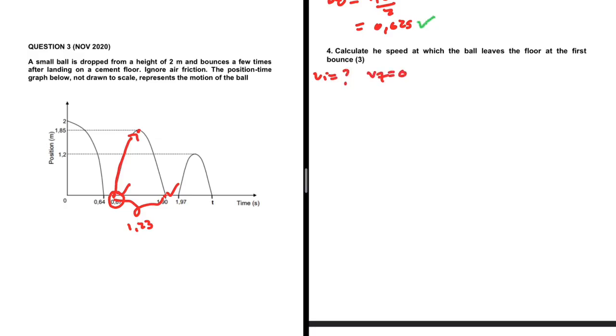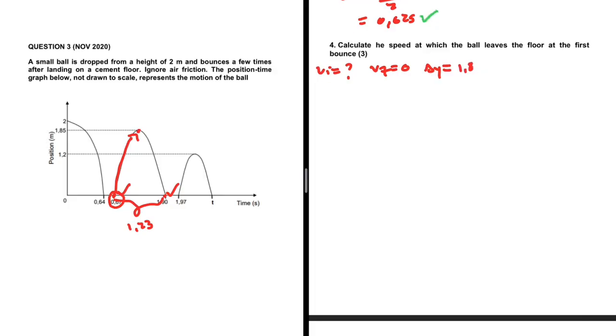VF equals 0 at the maximum height. Delta Y is the displacement, which is 1.85 meters, as you can clearly see right here. So there we go. We have delta Y, 1.85 meters. The acceleration obviously is 9.8 meters per second squared downwards.